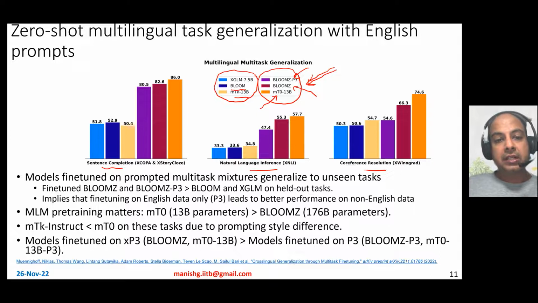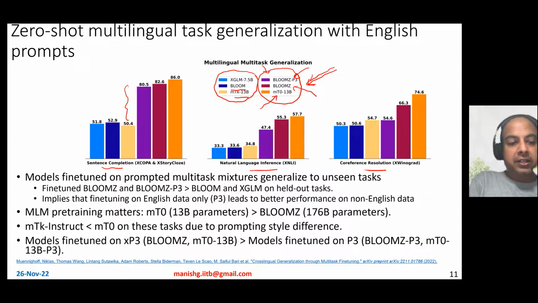So what do you observe here? You observe that this multilingual multitask prompting helps significantly, compared to the typical state-of-the-art models that don't use this multilingual multitask prompting at all. Even for multilingual tasks, if you just do English prompting-based multitask fine-tuning, that helps.